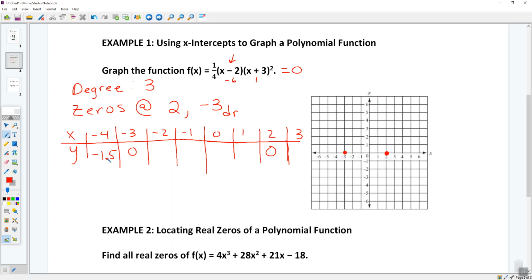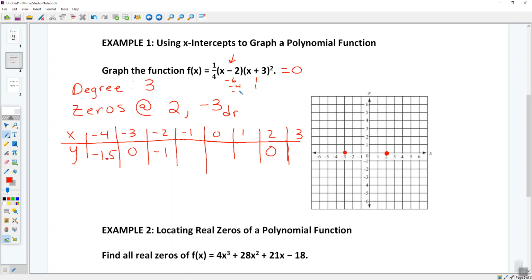Okay? Okay, you guys see what I'm doing here? I'm going to go through the rest of the chart quickly, okay? Let's see, -2 would make -4 here. -2 would make that a 1, right? And 1 squared would be 1. So 1/4 of -4 would be -1. Okay, let me put -1 in here.